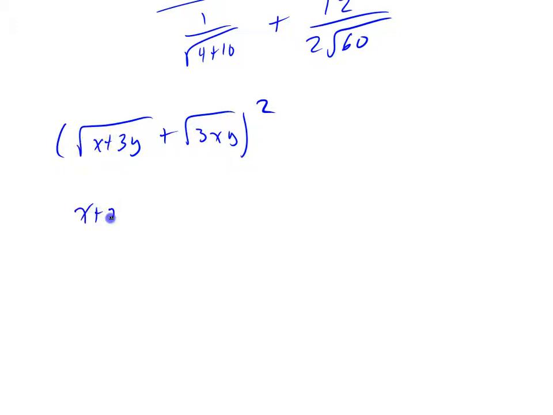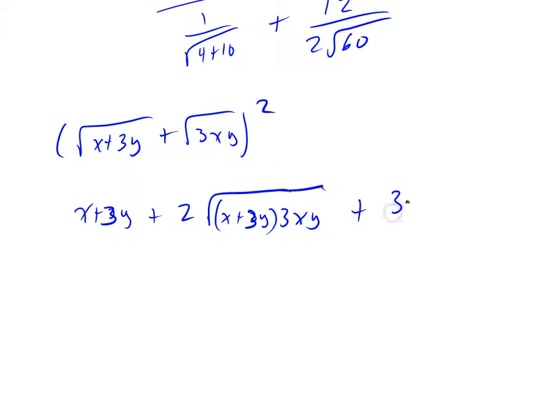Well, that would just be an x plus 2y, plus 2 times the product of both of those, the square root of x plus 2y times the square root of 3xy, plus the last one squared, which is 3xy. And so this would still be equal to that 11 point something squared.